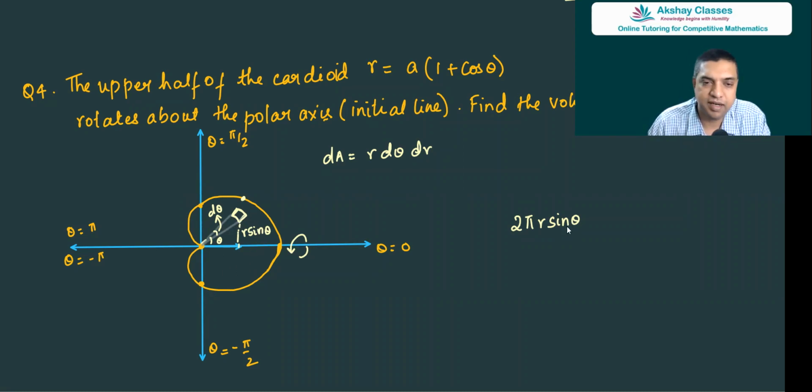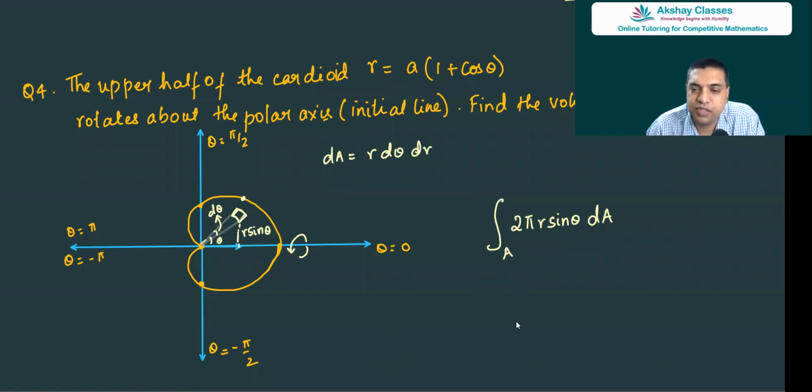So 2 pi r sine theta dA. This we have to integrate with respect to A. So this will give you volume of revolution.